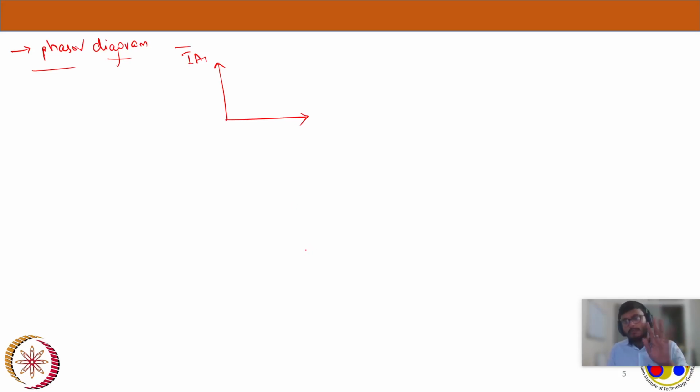Of course, it is zero, but I'm just drawing. If this winding has a phasor, this is how it would look. And IM1. These two are positive sequence currents, balanced, having equal magnitudes displaced by 90 degrees, and the phase sequence is IA1 leading IM1.